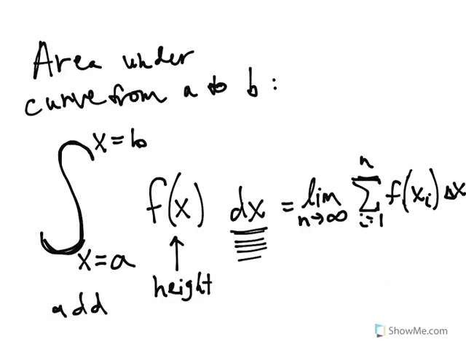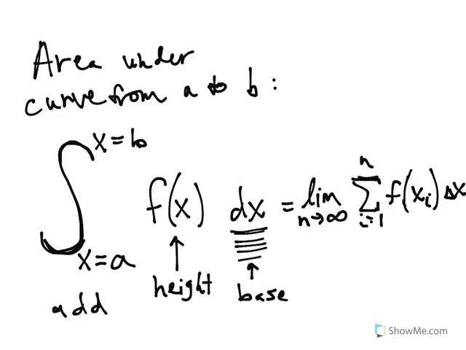We've seen that before from differentials, but f of x is your height, where dx is your delta x. That's the base or width of each rectangle. So this is basically saying add up all of your heights times bases. Okay, but this is some new notation that we're going to see.